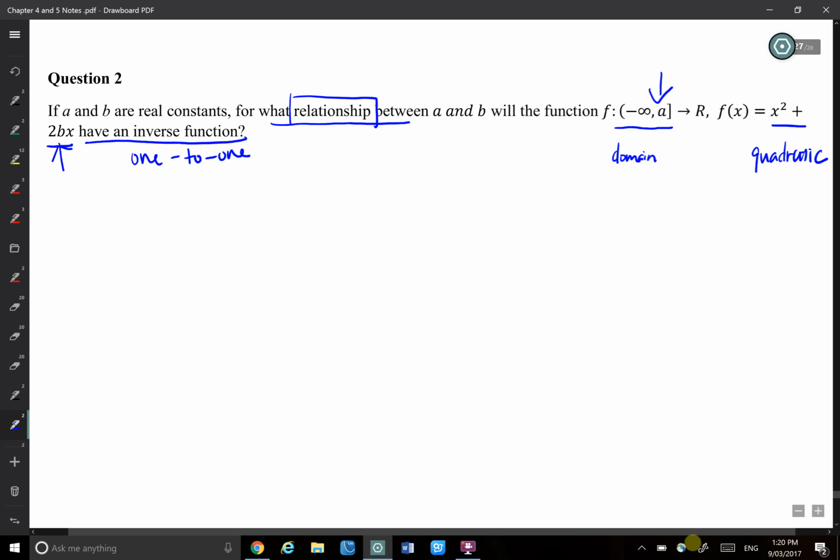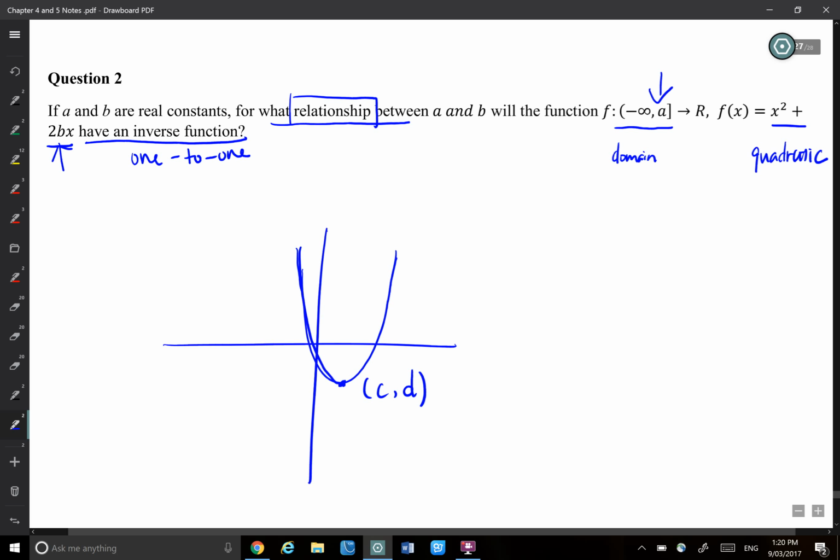Let's think about the general one-to-one function. Negative infinity to a point. Let's say the turning point is (c, d). So negative infinity is all the x values to here. The graph can be from here to, let's say if we stop here, then this is a one-to-one function.